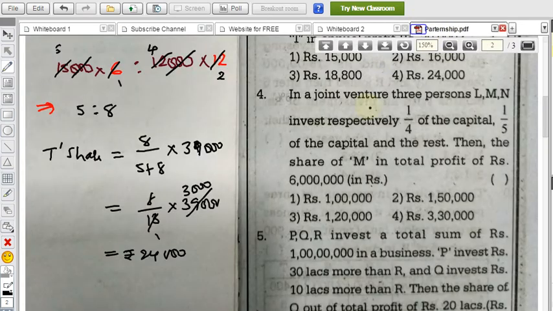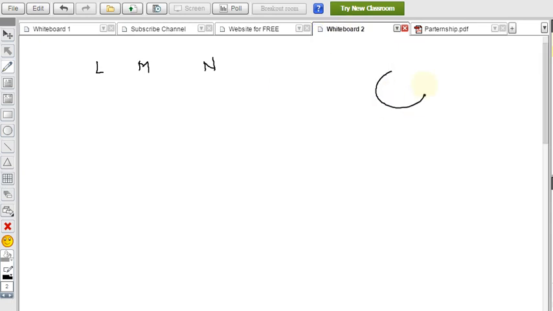The given value is that in the joint venture the 3 persons invest respectively 1 by 4th of the capital, 1 by 5th of the capital, and the rest. So the capital amount, if you take it as X, the total capital amount is X, or otherwise the total value is 1. In that, L is 1 by 4th and M is 1 by 5th. The remaining is for N.